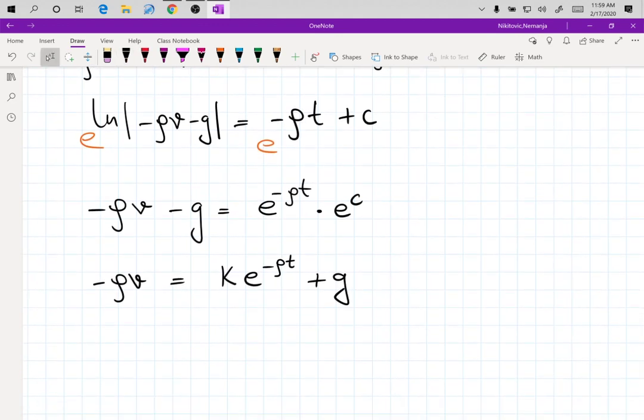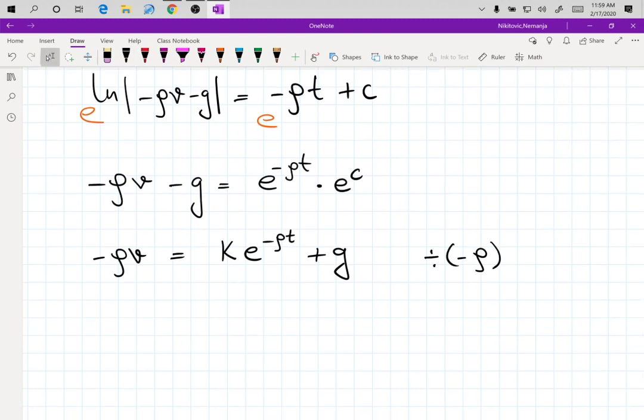And then we are going to divide by negative rho everywhere, and get v equals, I'll just call it now capital M, e to the negative rho t minus g over rho.